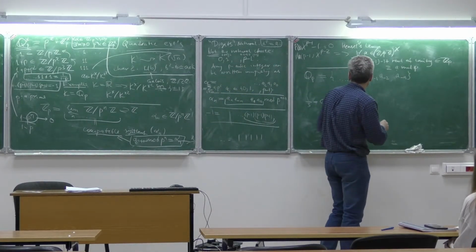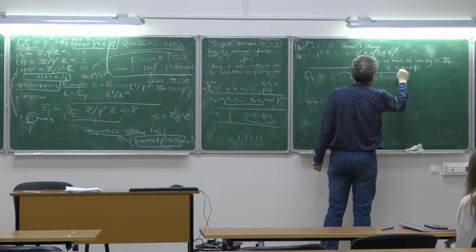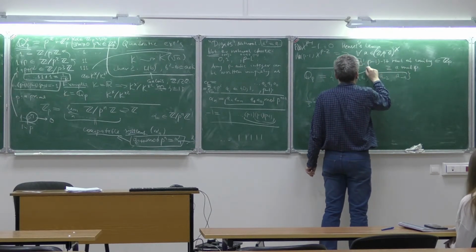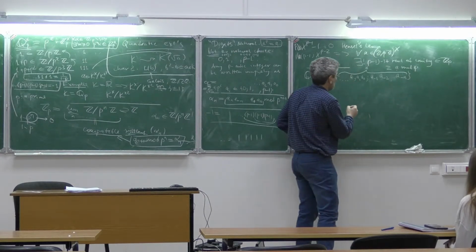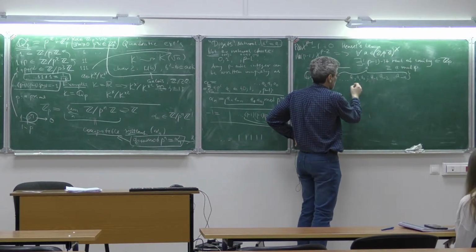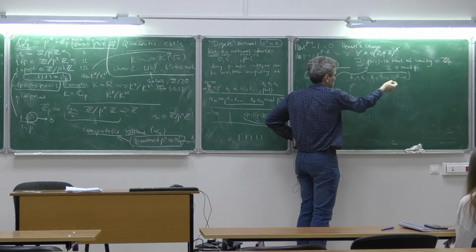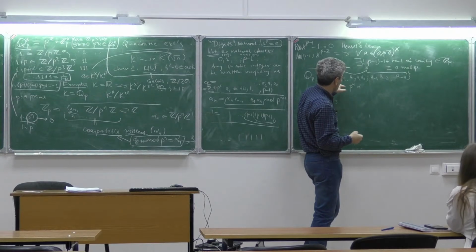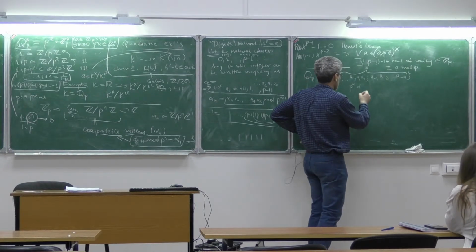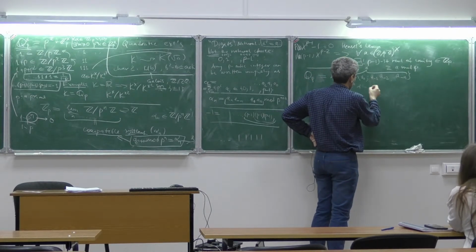But what does this mean? If we denote this by alpha, this means that there is some power of p, namely p to the n, such that this element is integral.